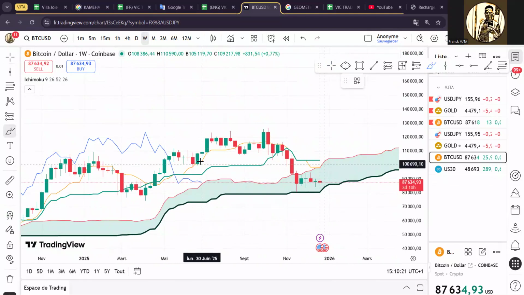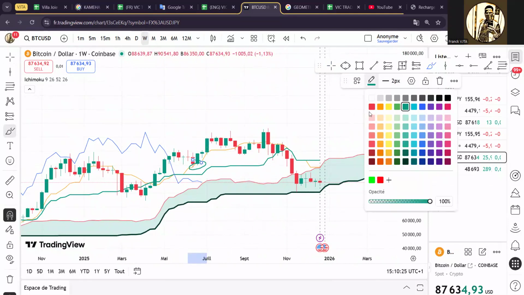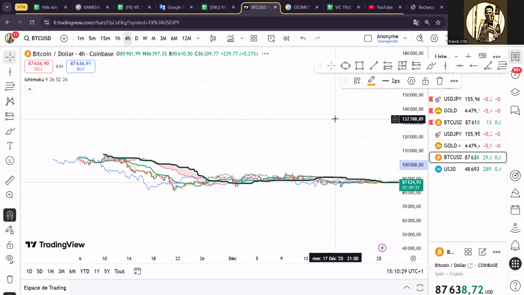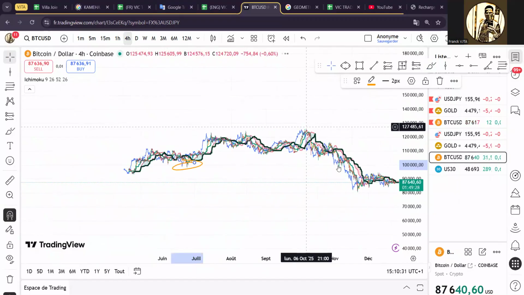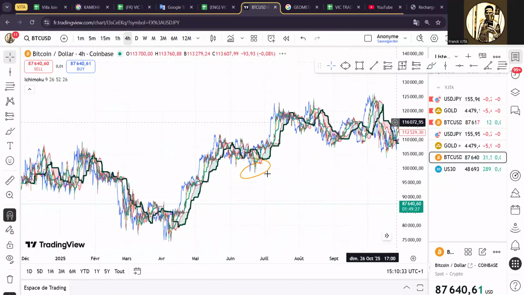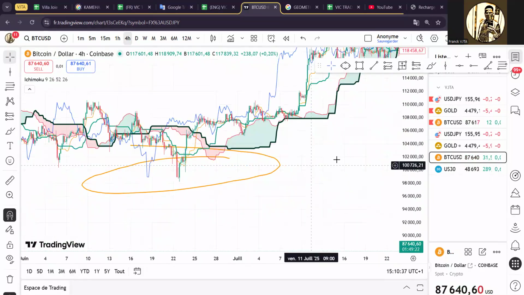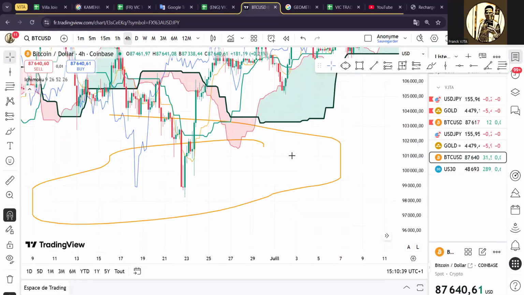So when you have, for example, this setup on weekly, this one, right? You go on 4-hour.